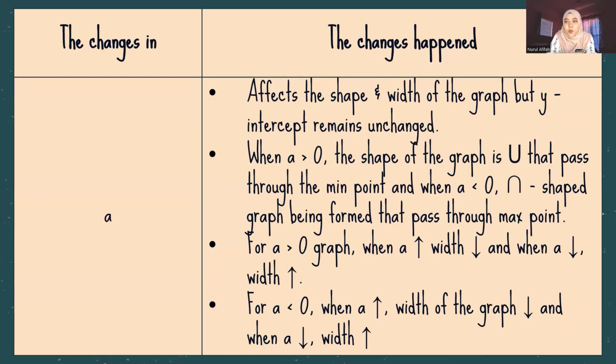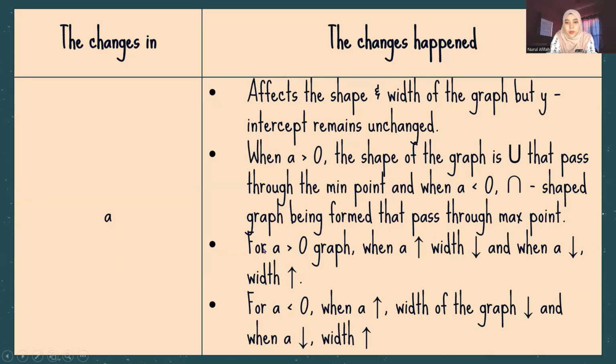Then for a more than 0, the U shape passes through the minimum point. And for a less than 0, the N shape passes through the maximum point.